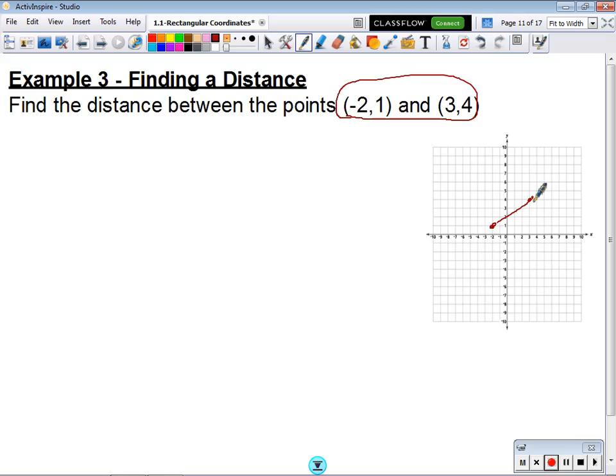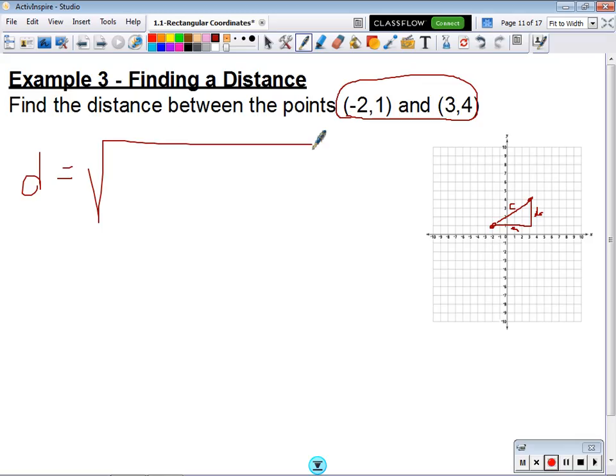Where this relates to the Pythagorean theorem is if I took this segment and drew a right triangle out of it, I could do a squared plus b squared equals c squared, and that would tell me the length of that segment. Or I could use the distance formula, which we're going to use here.